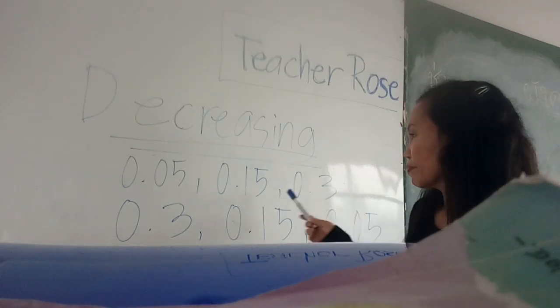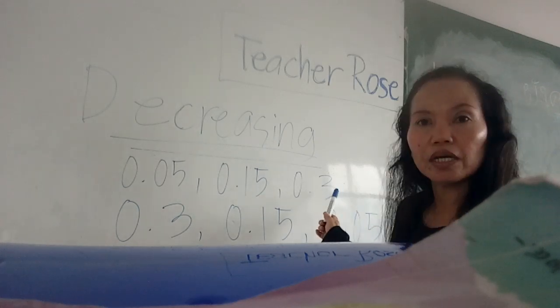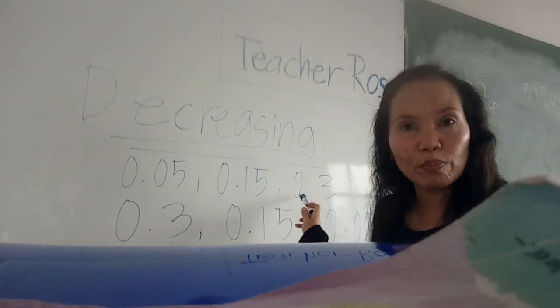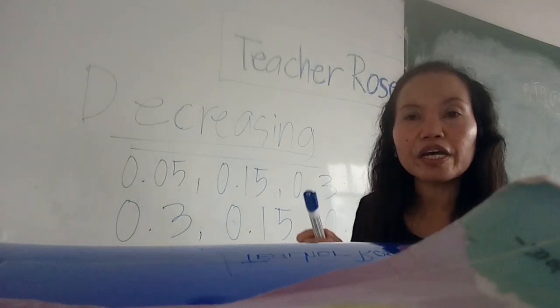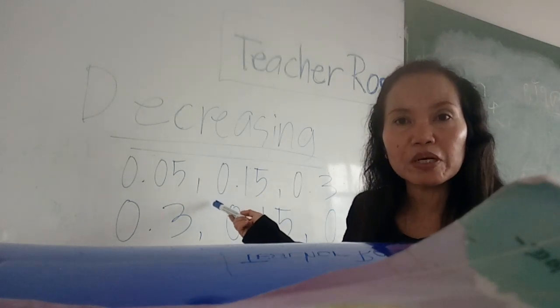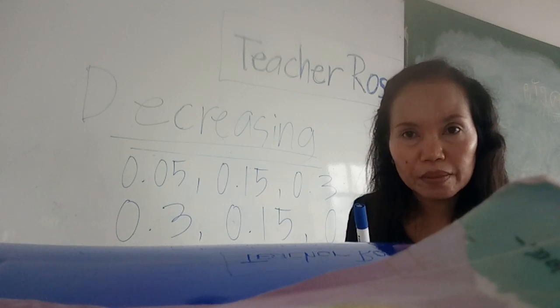Can you notice? So out of these examples, the decimal number which has bigger value is 0.3. Because as what I've said, we have to be very particular with the number after the decimal point.